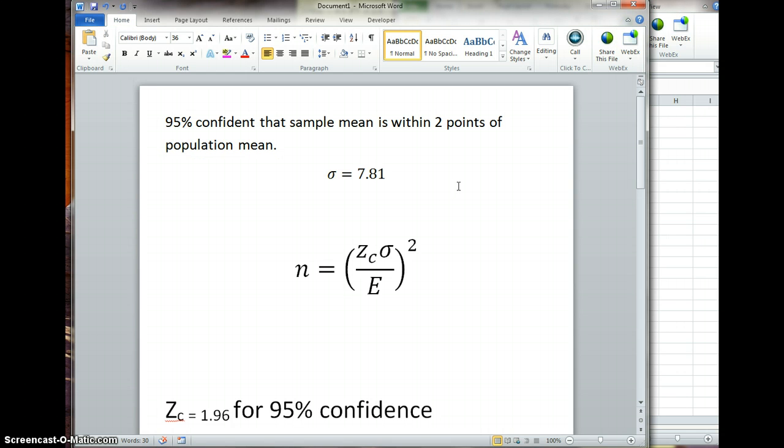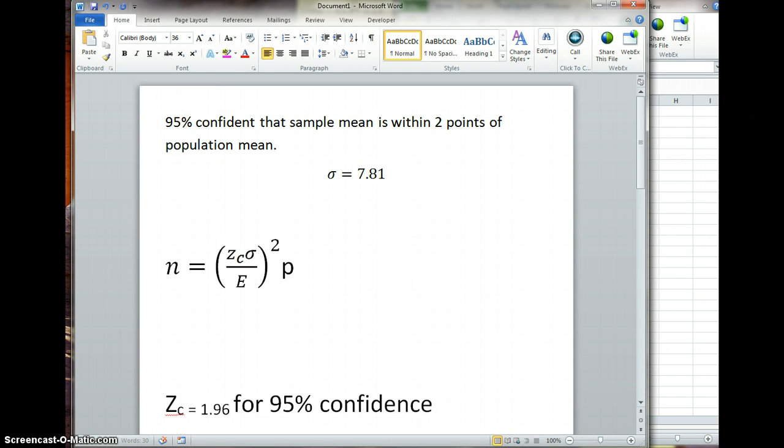So to do that, you got to use the formula, again from section 8.1 on page 345. This formula is on page 345. And again, we're using that one because the problem tells us what the standard deviation is. So we can use the formula that has the standard deviation in it.